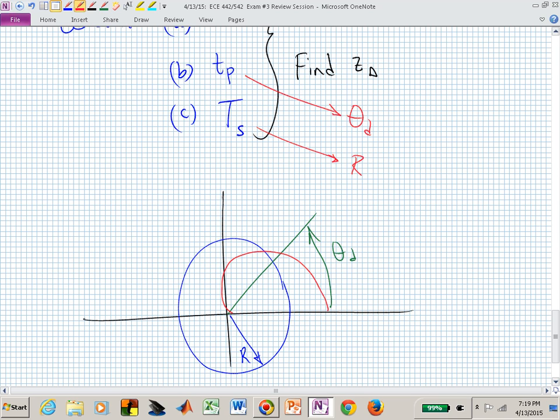So what's that mean for zeta? Zeta is what on the unit circle? Zeta varies between 0 and 1, and zeta is your damping ratio. If you have no damping, what is zeta? 0. So that's on the unit circle. So less damping is on the unit circle.